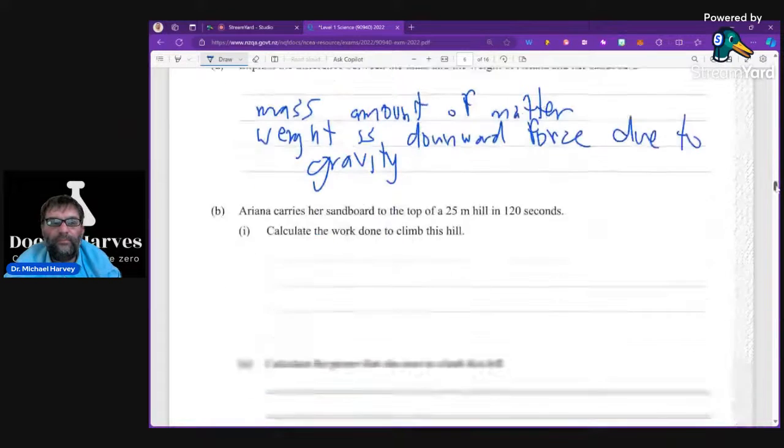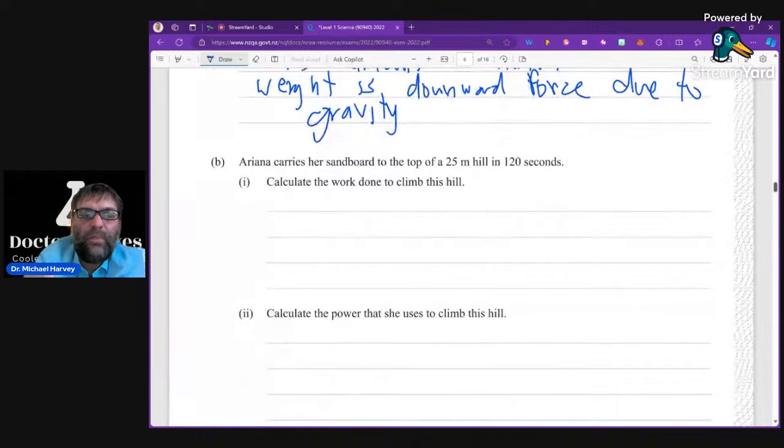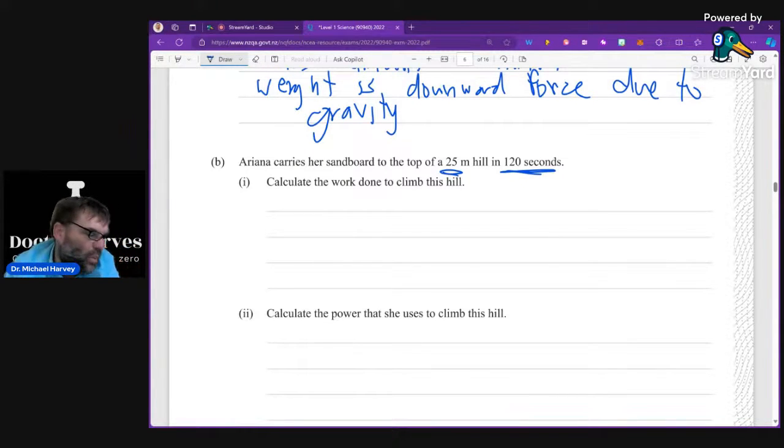Okay, right. So the next question says Ariana carries her sandboard to the top. So again, we're talking about distance and time as well. Calculate the work done by climbing the hill.